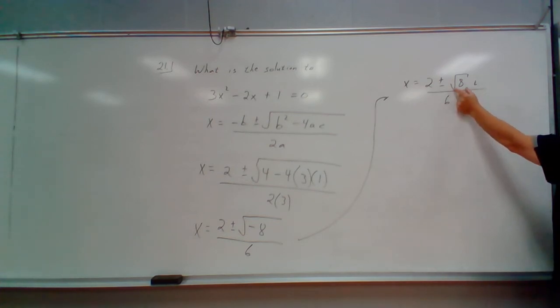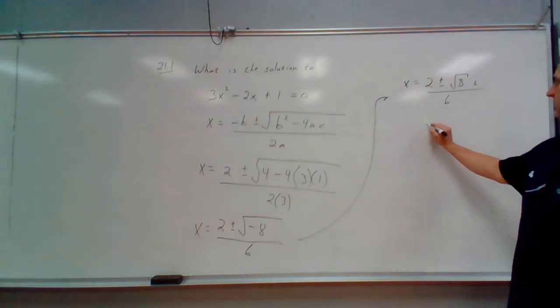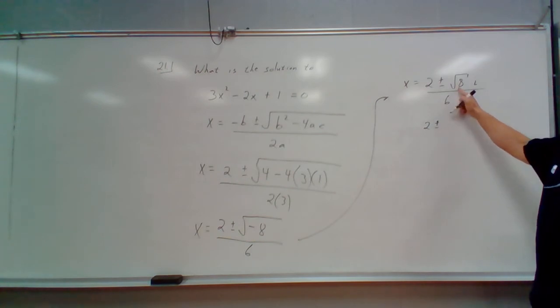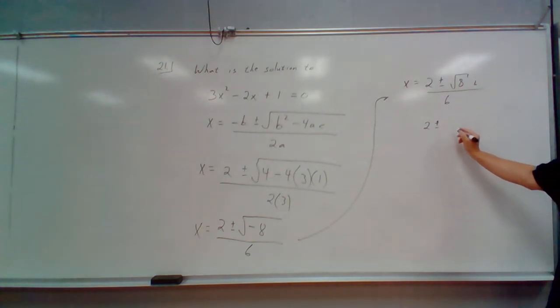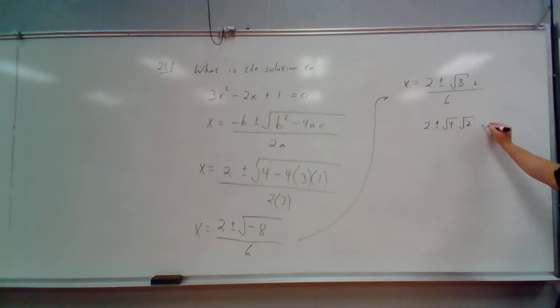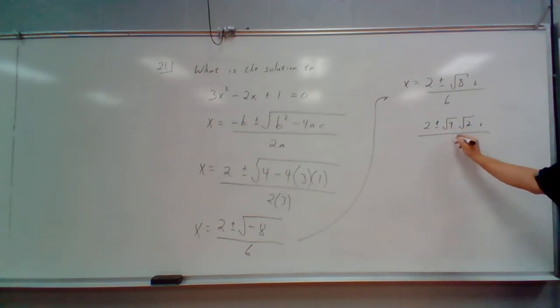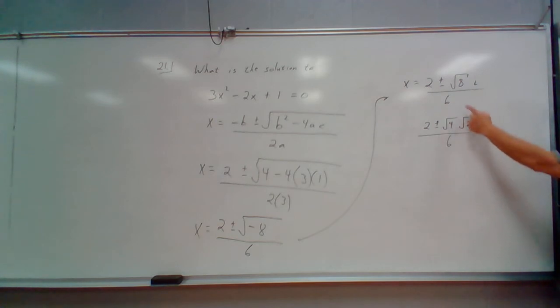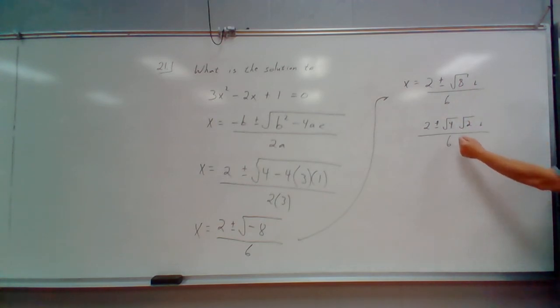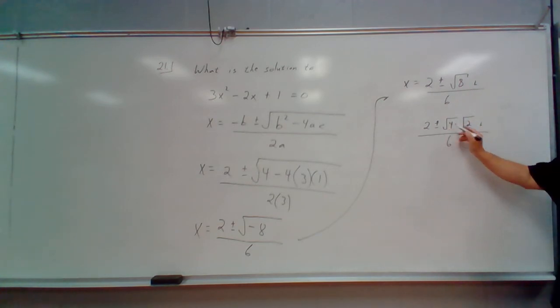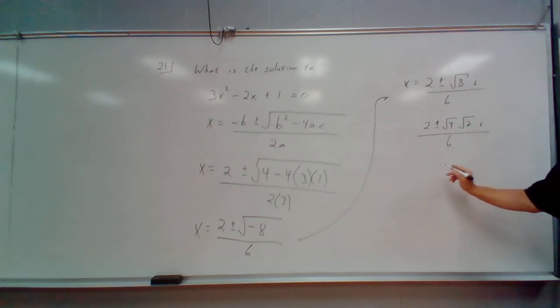All right, we can simplify the square root of 8 by changing it into 4 times 2. So I've got the square root of 4 times the square root of 2 times i, all over 6. 4 times 2 is 8, and then I can break it apart. The square root of 4 is 2.